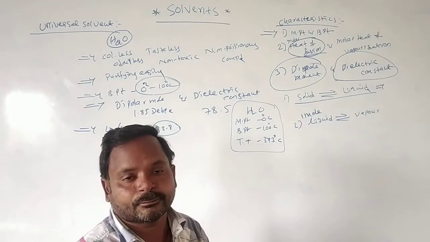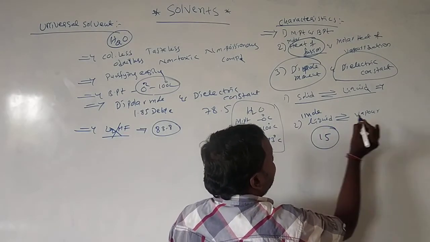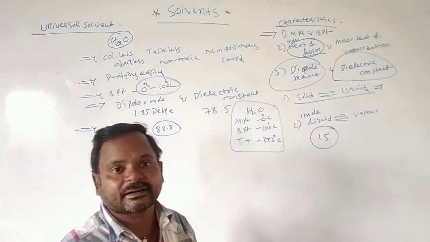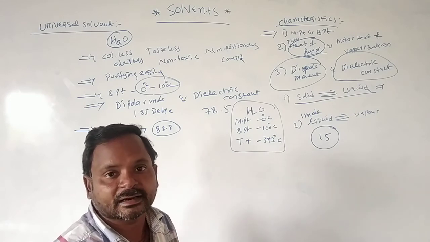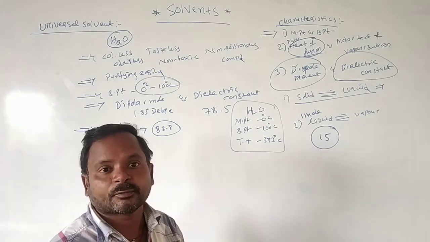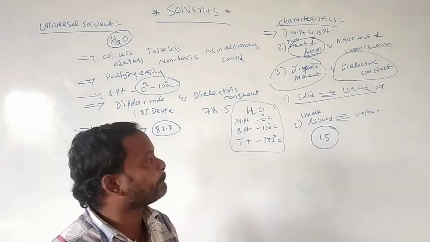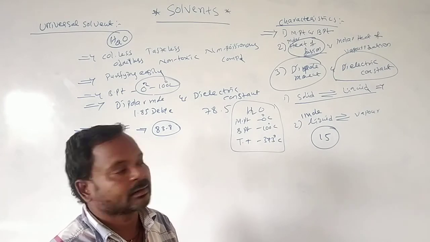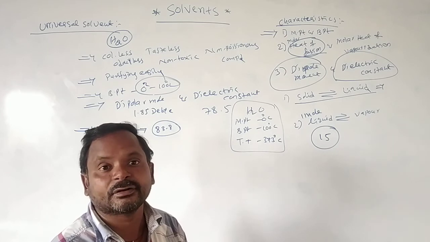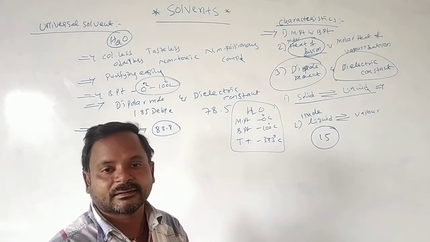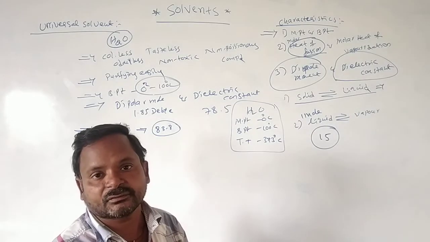Dielectric constant value less than 15: those molecules are non-polar and do not have the capability to dissolve polar molecules. The molecules which have more dipole moment values and more dielectric constant values act as good polar solvents. This is about the characteristics of solvents.